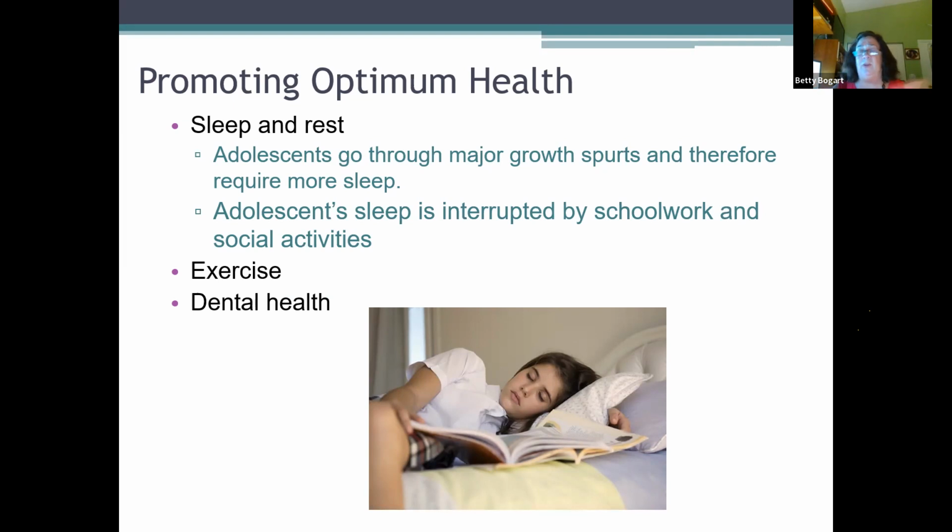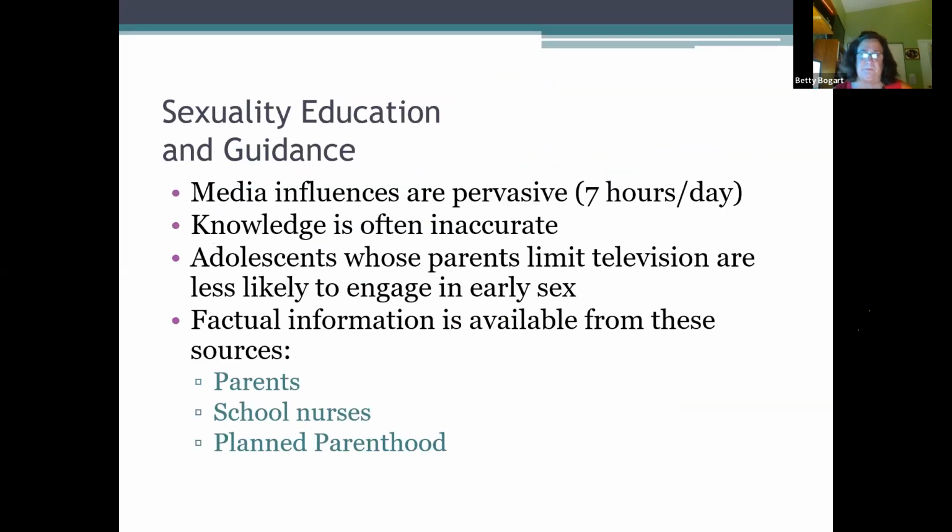They don't sleep as much as they should. They should get some exercise in, but they're busy. And always, dental health is important. They should brush their teeth, and these children should floss also.